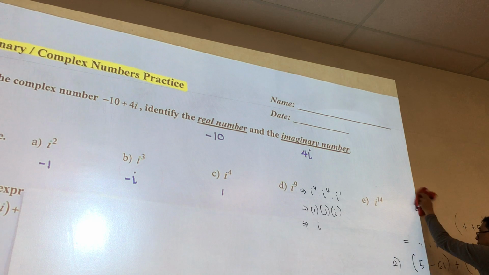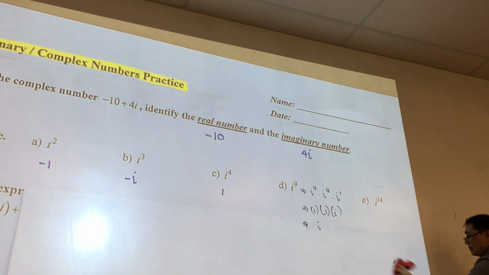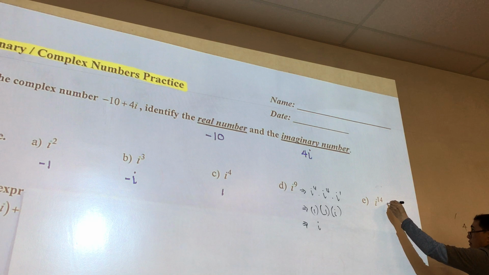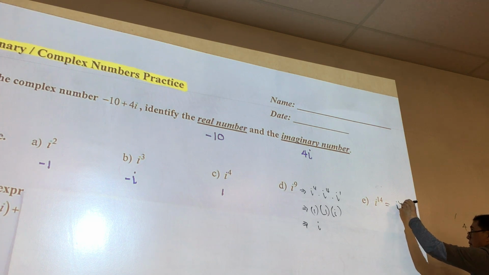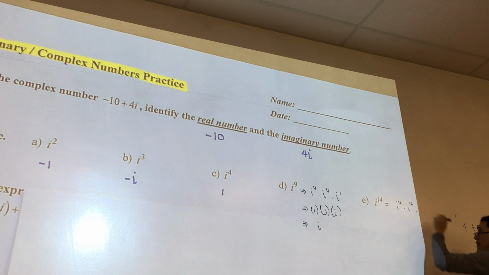How would you like to break i to the 14th? i to the 4th, and then i to the 4th again, and then can I do another i to the 4th? And then can I do i to the 2nd? But then all of this will just be what?